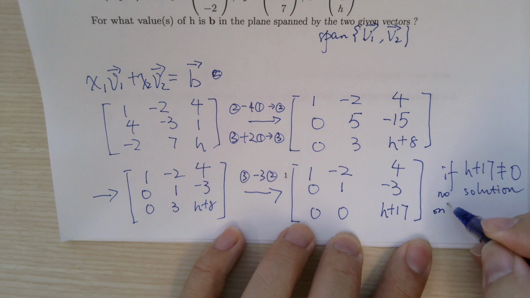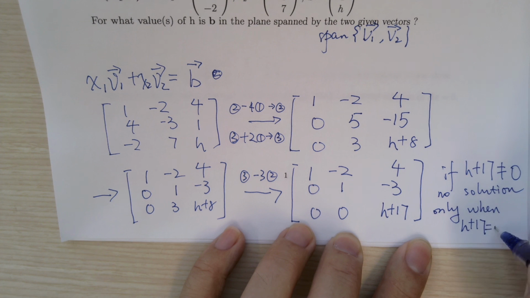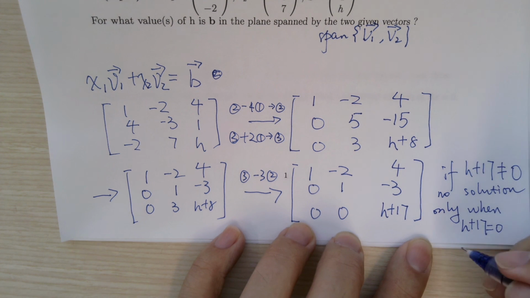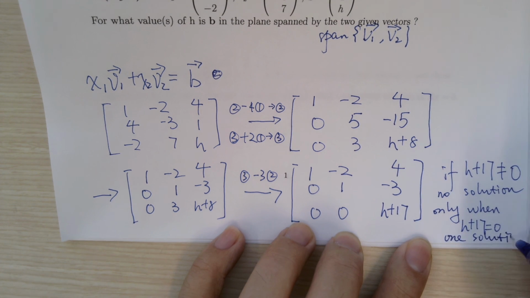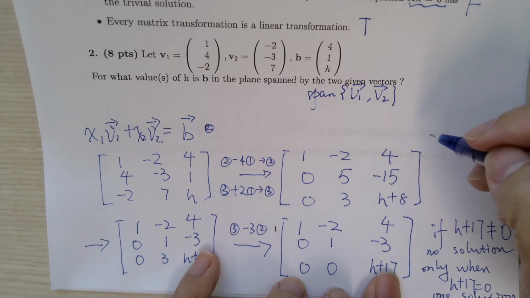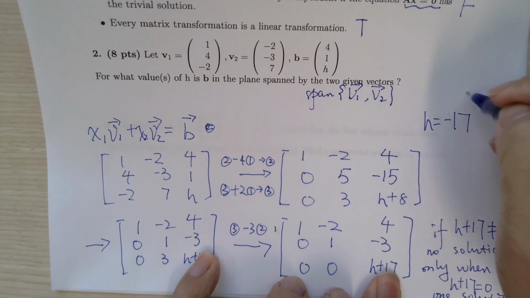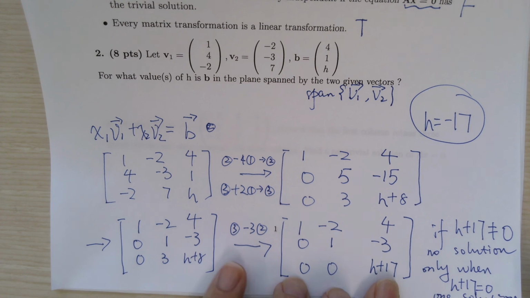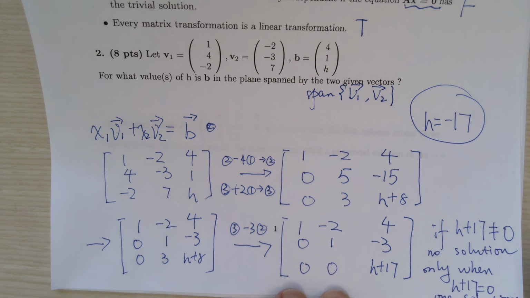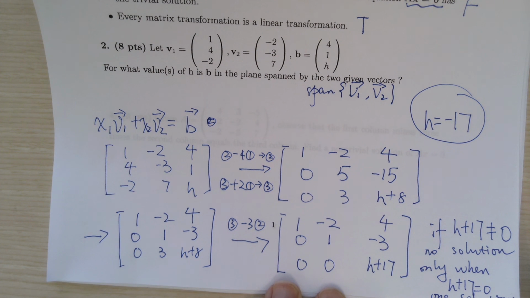So only when h plus 17 equals 0, then we have a solution. So we need to make sure that h equals negative 17. Okay, so that will give us the solution. Okay, so I'll stop here and then I'll continue.